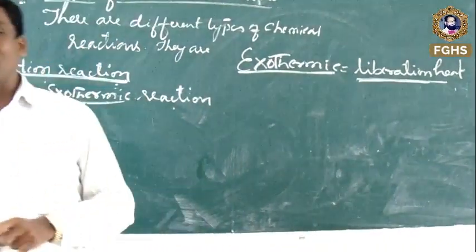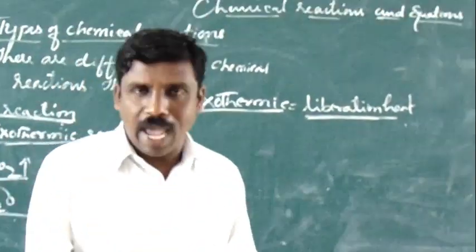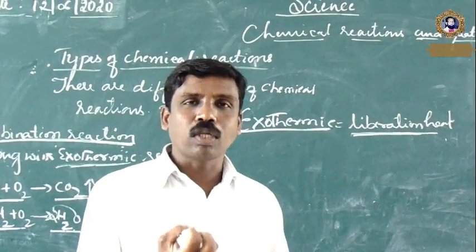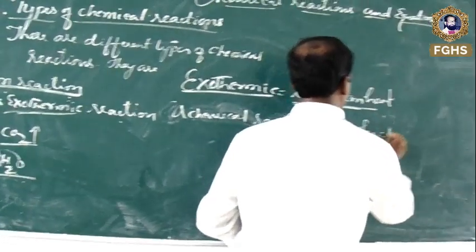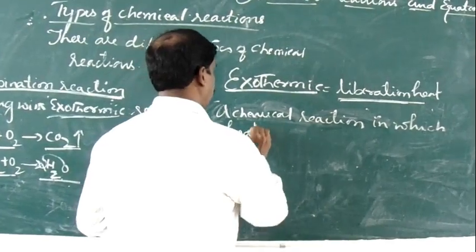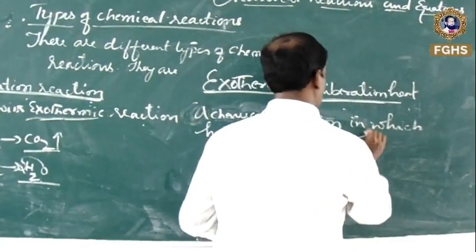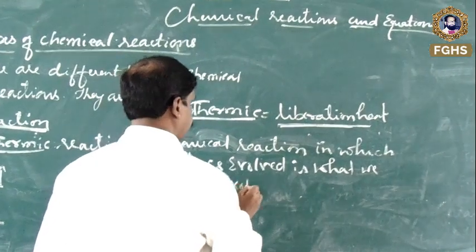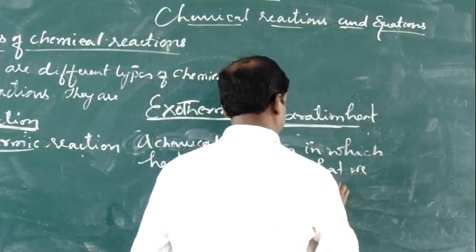So, how can we explain an exothermic reaction? A chemical reaction in which heat is liberated, in which heat is evolved, is what we call an exothermic reaction.